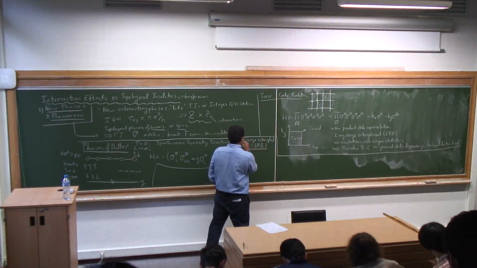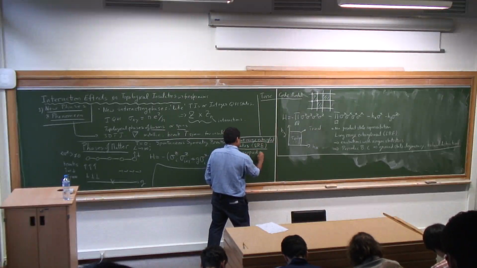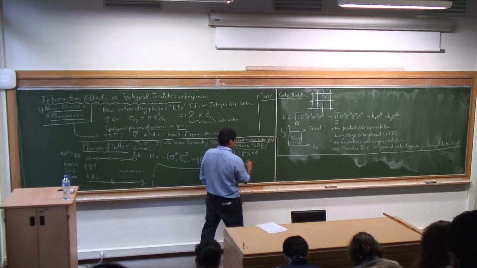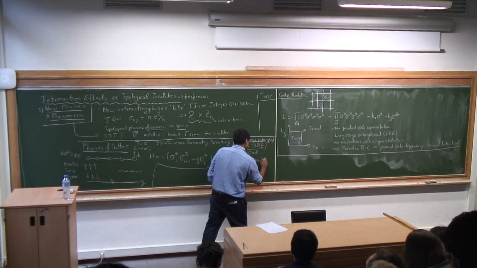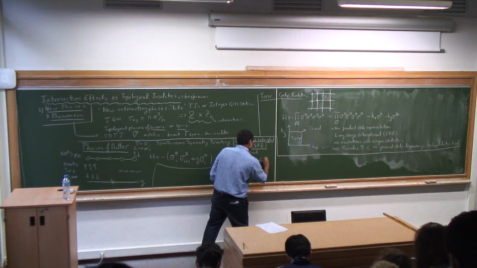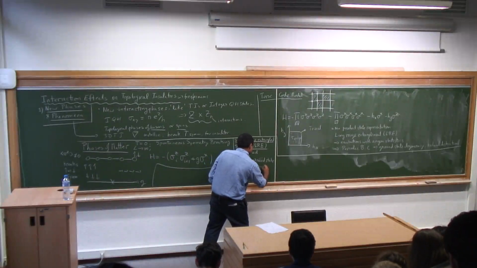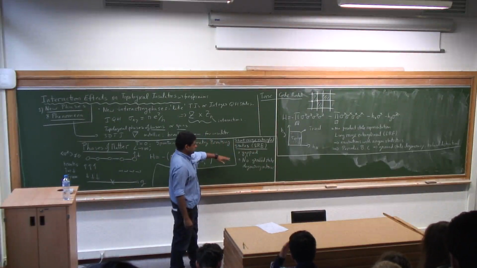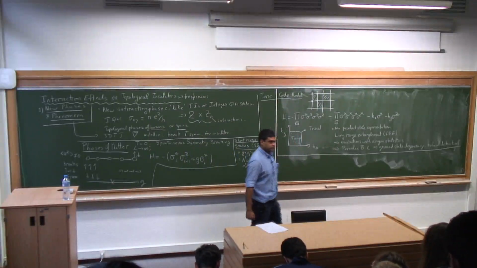Okay, so we'll work just with gapped states. They're all gapped, and with periodic boundary conditions, you do not have ground state degeneracy, and you do not have excitations that are different from what you put in.